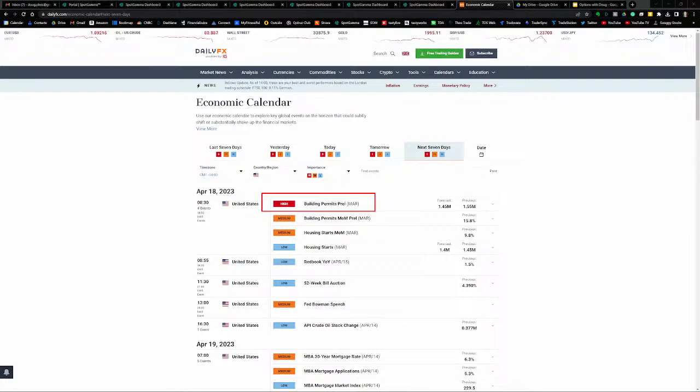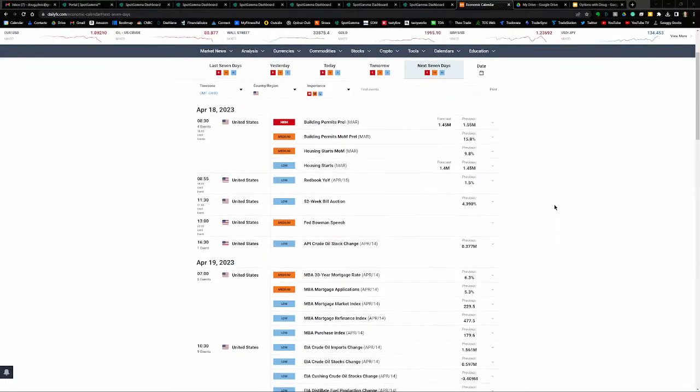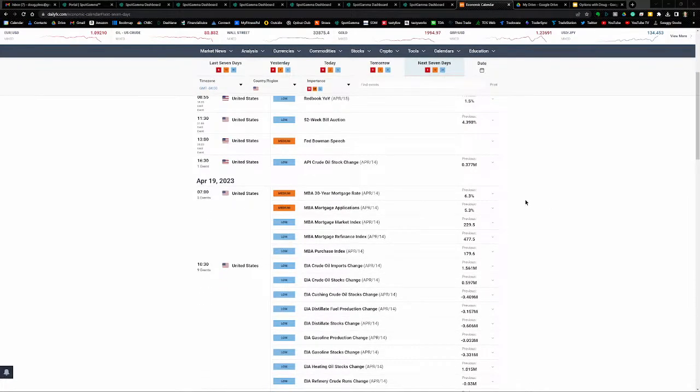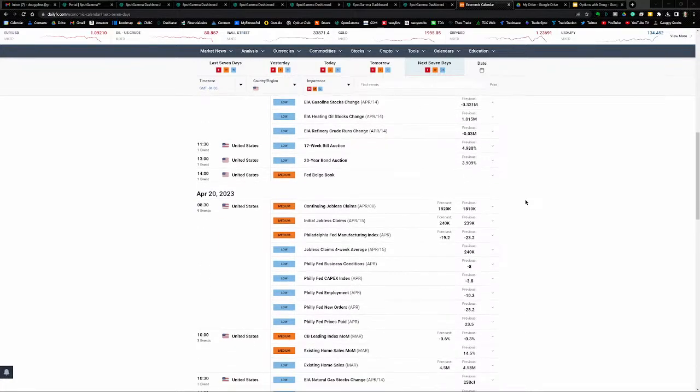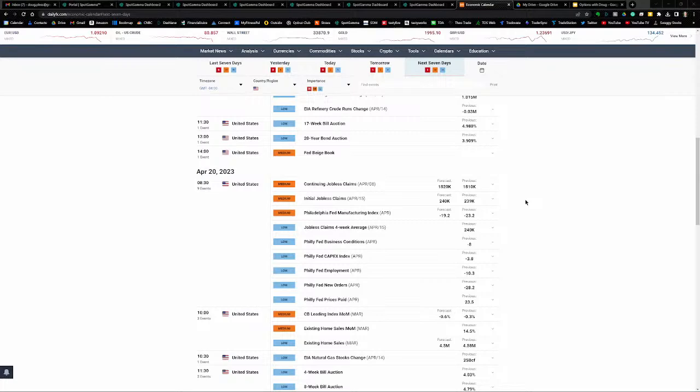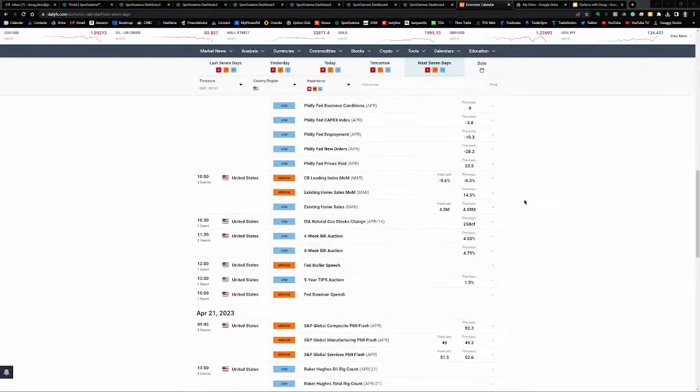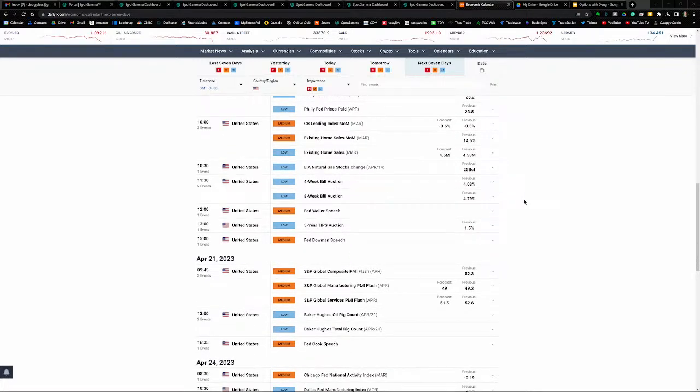And then for the rest of the week, just medium or low impact data. Jobless claims, manufacturing index, PMI data on Friday. And also Friday, note, is the monthly expiration. So that is the March 21st, April 21st monthly expiration.